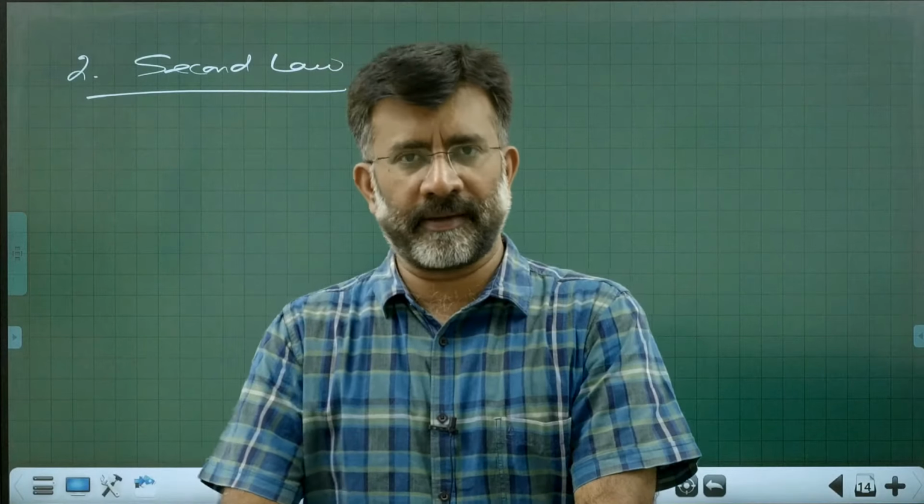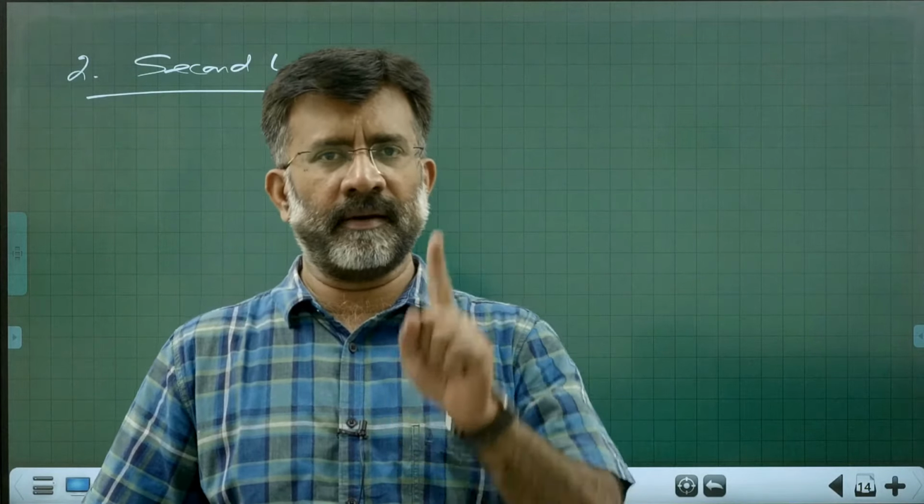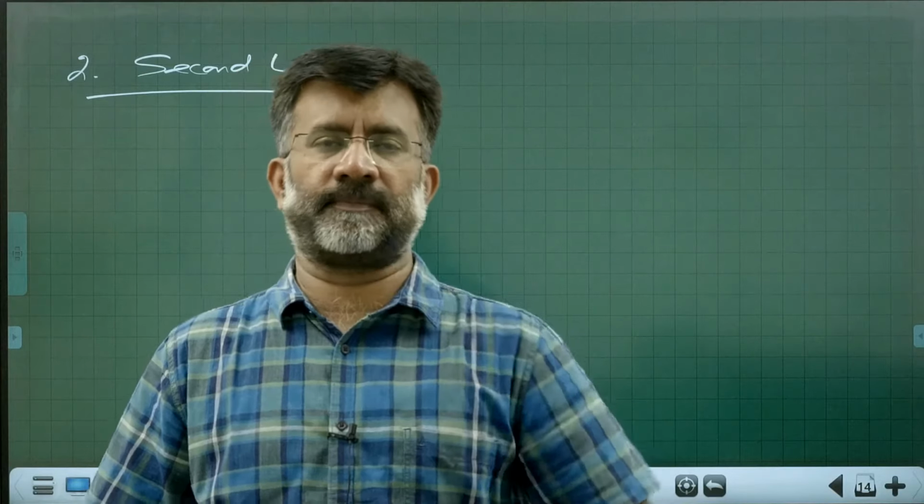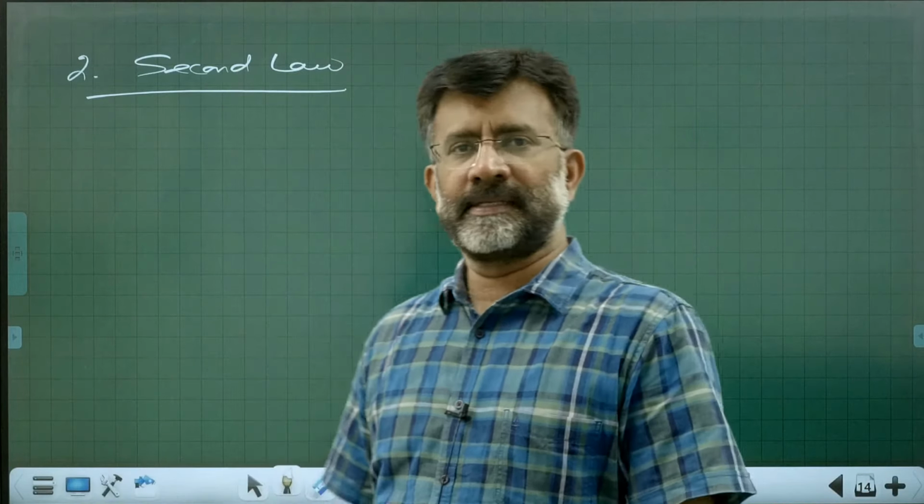When the same quantity of electricity passes through the electrochemical cells, the amount of matter deposited or dissolved in each cell will be directly proportional to their equivalent mass. That is Faraday's second law.